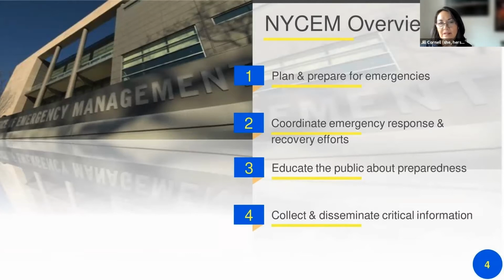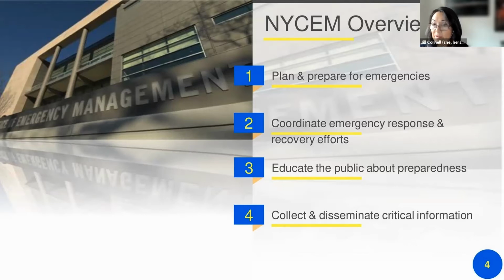So the image on the slide is of the front of our building at 165 Cadman Plaza West. It's got concrete and steel and some glass windows, and it says Office of Emergency Management. Our number one mission is to plan and prepare for emergencies. We also coordinate emergency response and recovery efforts.